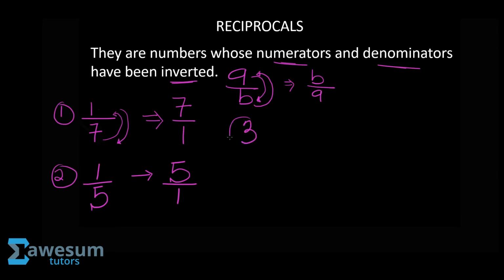Let's look at another example right here. 7 over 9, you want to find the reciprocal.